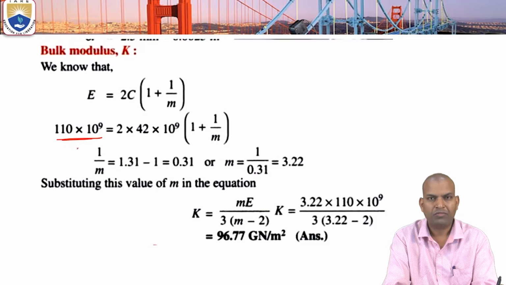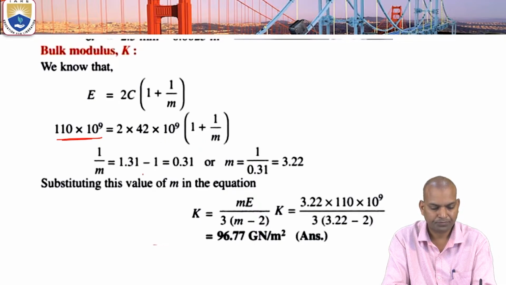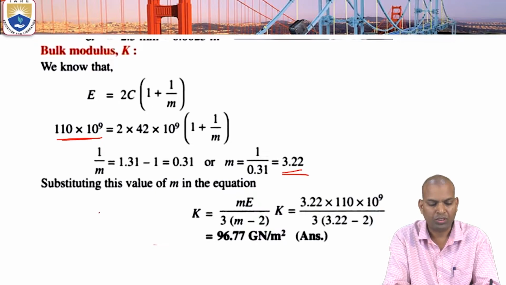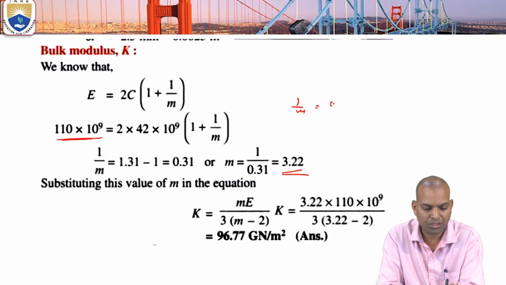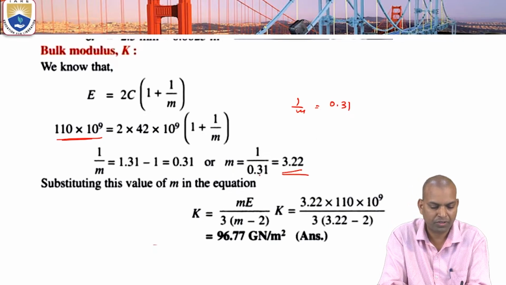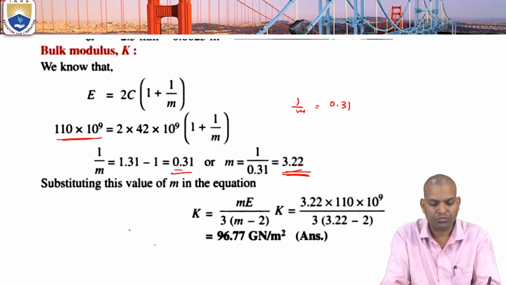Substituting E as 110 into 10 power 9 Newton per square meter, and 2 times C, 42 into 10 power 9, times 1 plus 1 by m. From this, m equals 3.22, or 1 by m equals 0.31. This 1 by m is nothing but the Poisson's ratio, that is 0.31. Now m equals 1 by 0.31, that is 3.22.